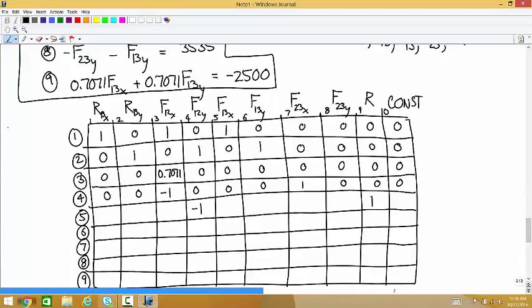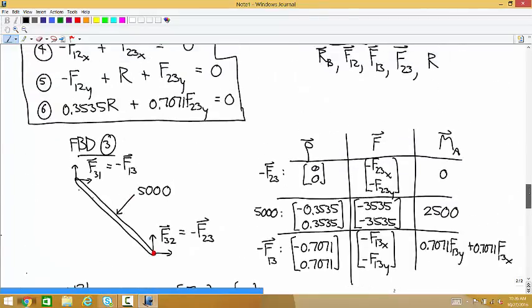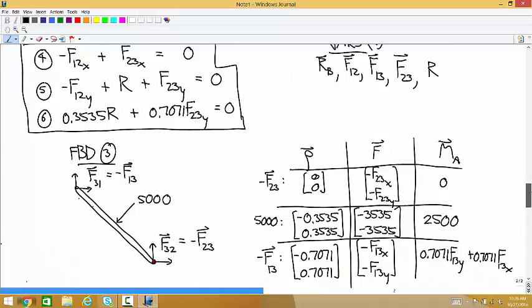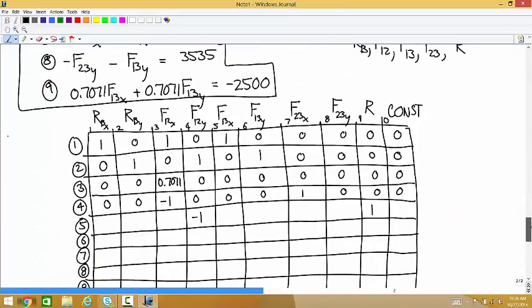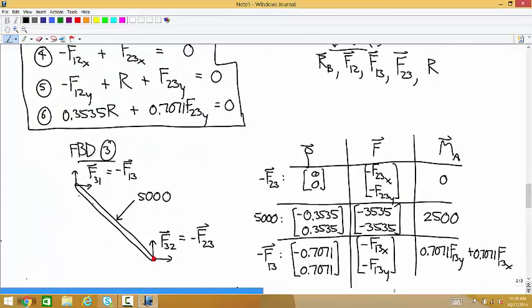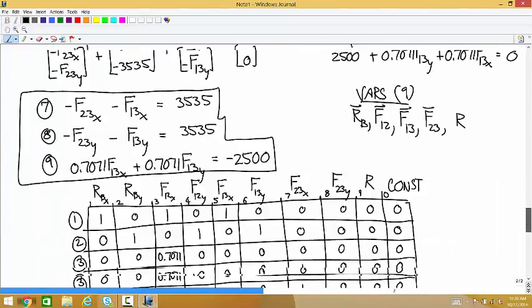And F23y, we have 1. And then equation 6, R, we have 0.3535.